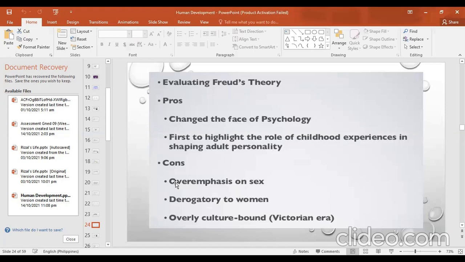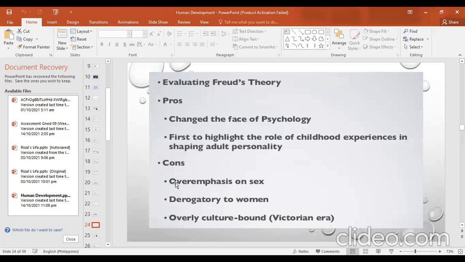In latency naman, 6 to 12, focus of libido again, none. Nandito yung socialization, develop of new skills. In genital naman, yung last stage, 12 pataas. So from wala na libidinal focus, mapupunta ulit siya sa genital.